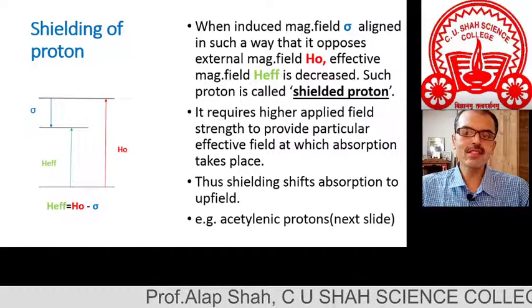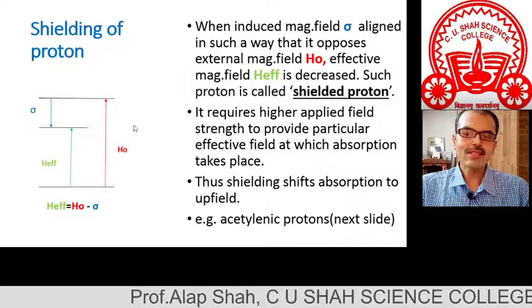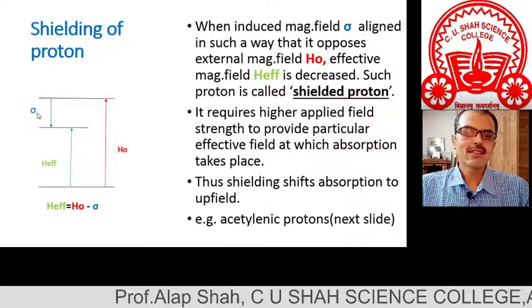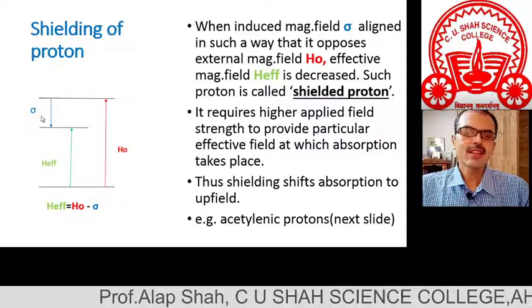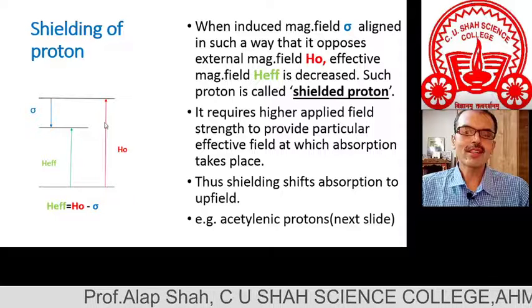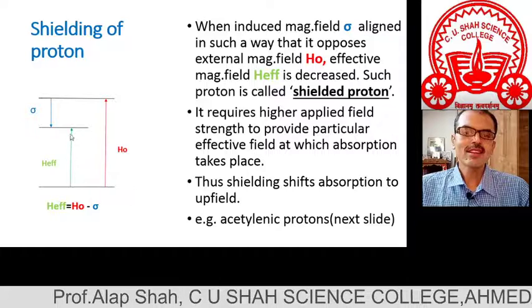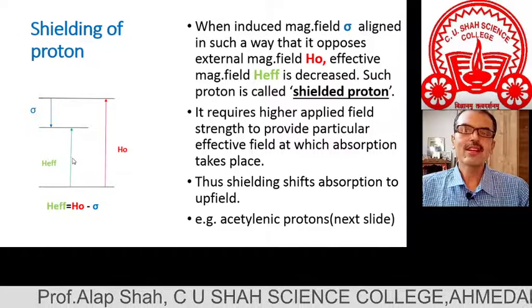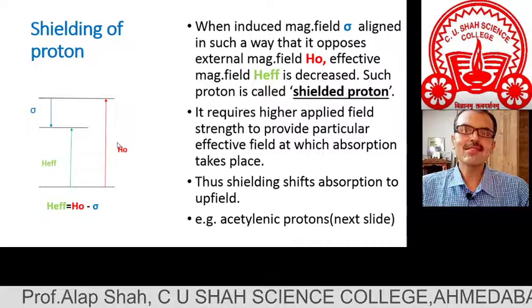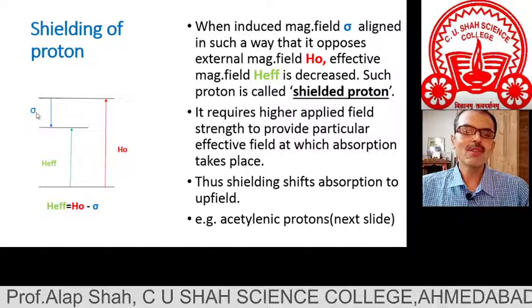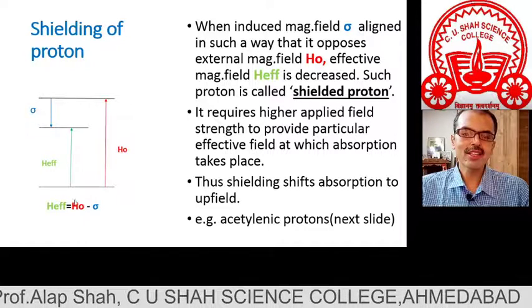You can see in this figure that H0 and the induced magnetic field sigma align opposite to each other, and as a result the effective magnetic field is not exactly H0, but H0 minus sigma, which I have written over here.